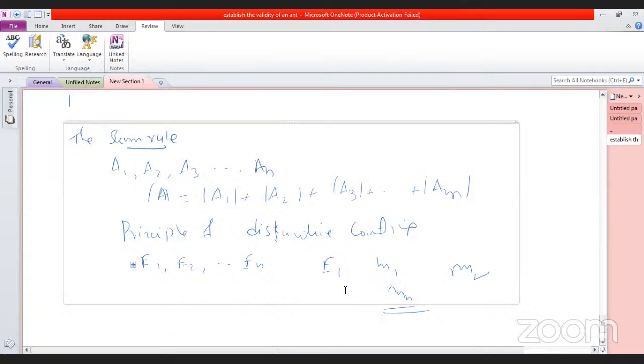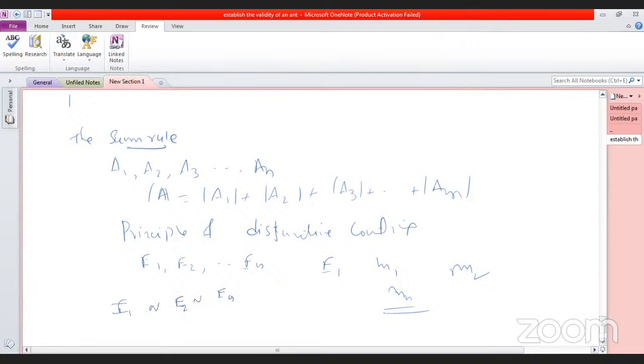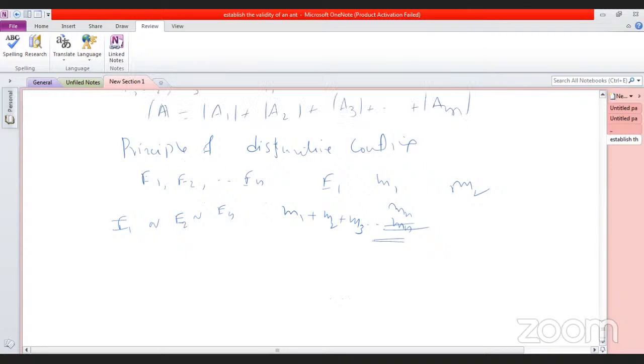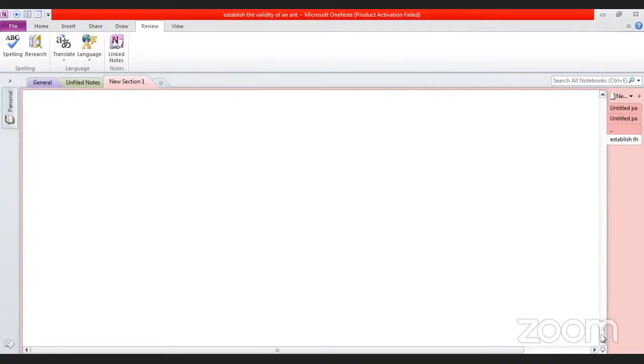Then E1 or E2 or ... or En can occur in M1 plus M2 plus M3 and so on up to Mn ways. This is called the sum rule, for non-empty sets having no common elements. We will take one or two examples here.